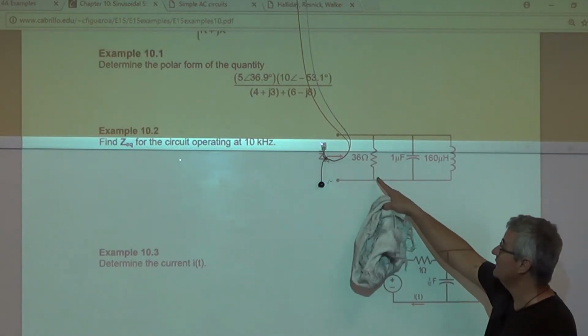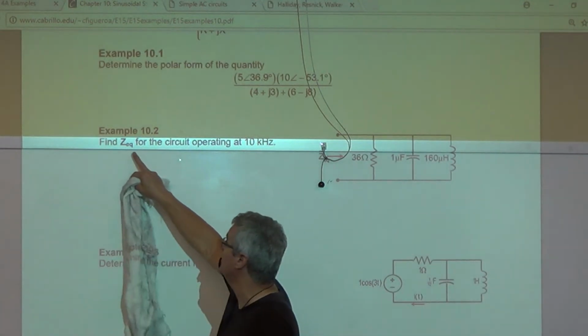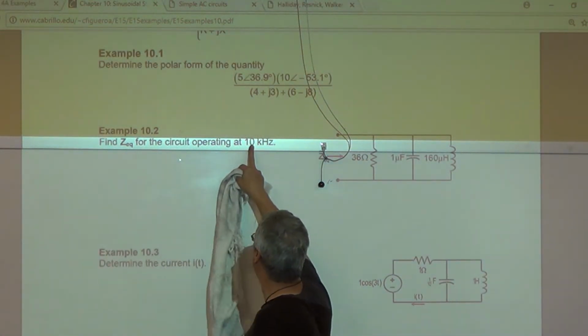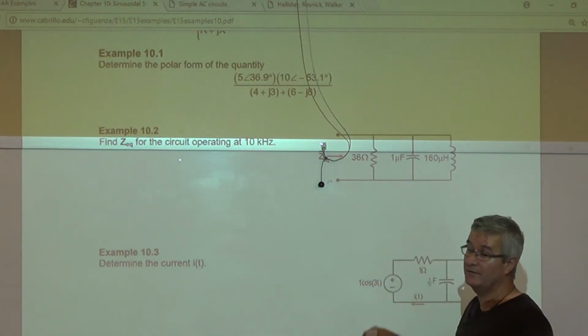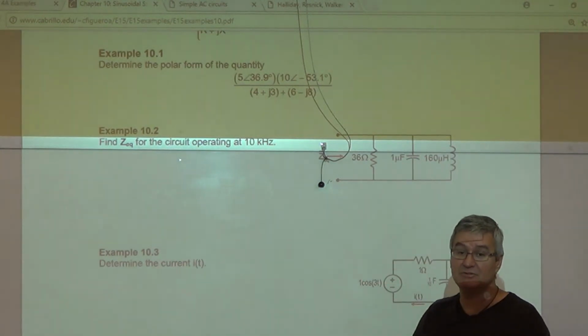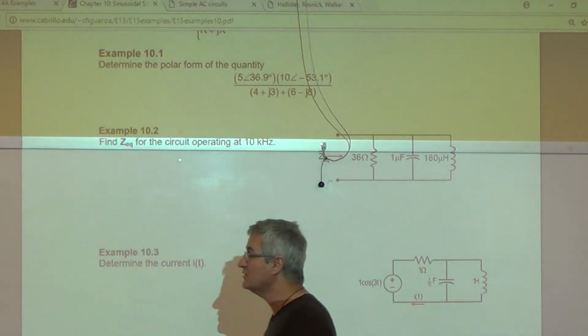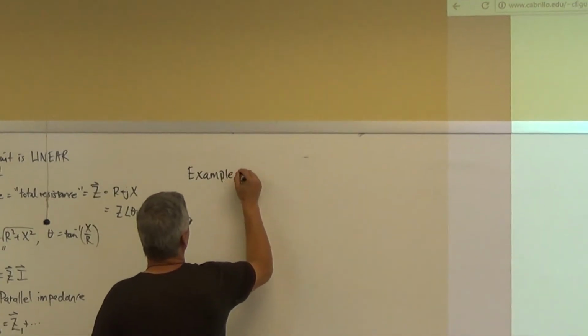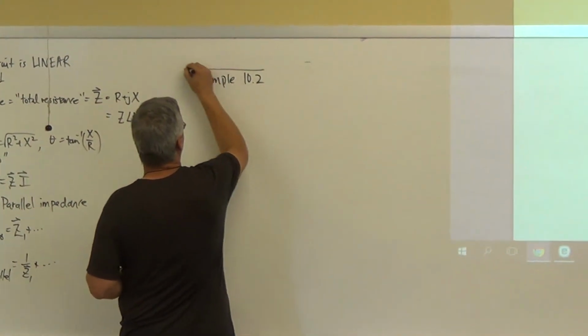Okay, so look at this. You want to calculate the equivalent impedance at a frequency of 10 kilohertz for this circuit right here. Let's just do it. Ultimately, we want to get into phasor form.